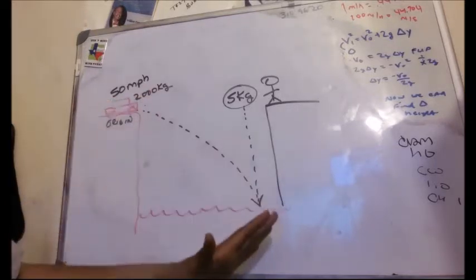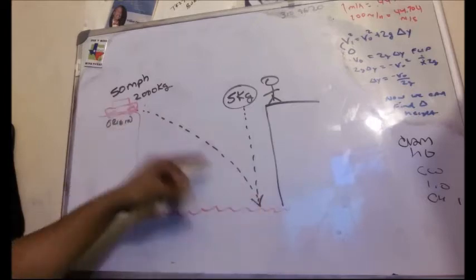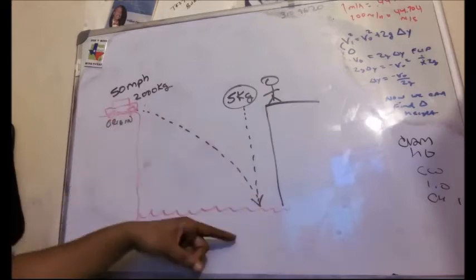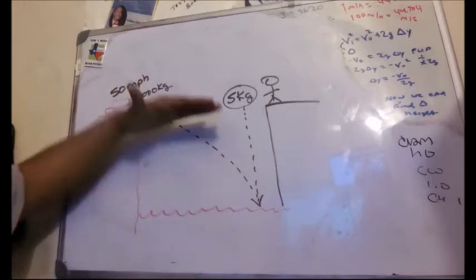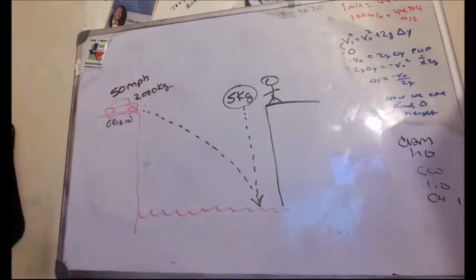Now, how far it gets is a different example. I'm talking about contact with the water. It may not get all the way across, but they're both going to hit the water at the same time, the splashdown part. Okay, I got that.